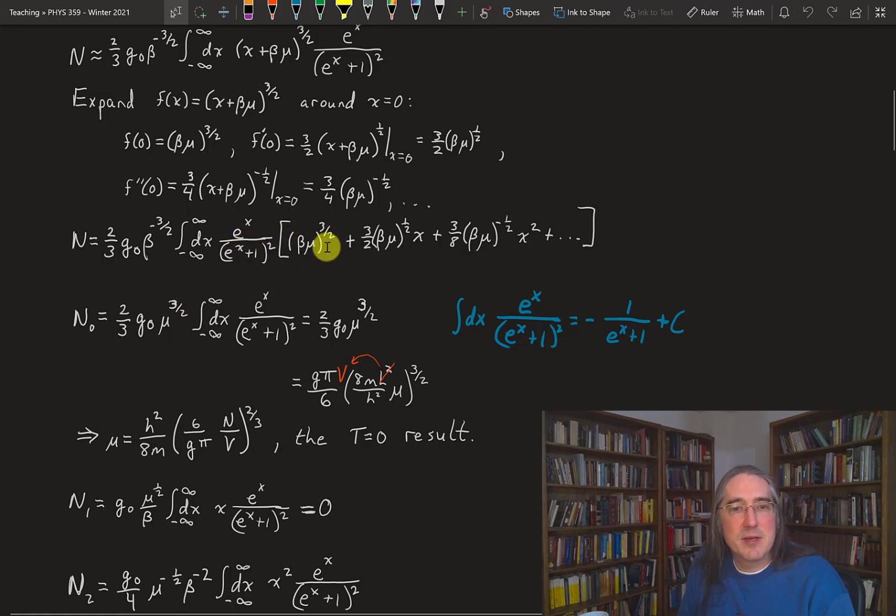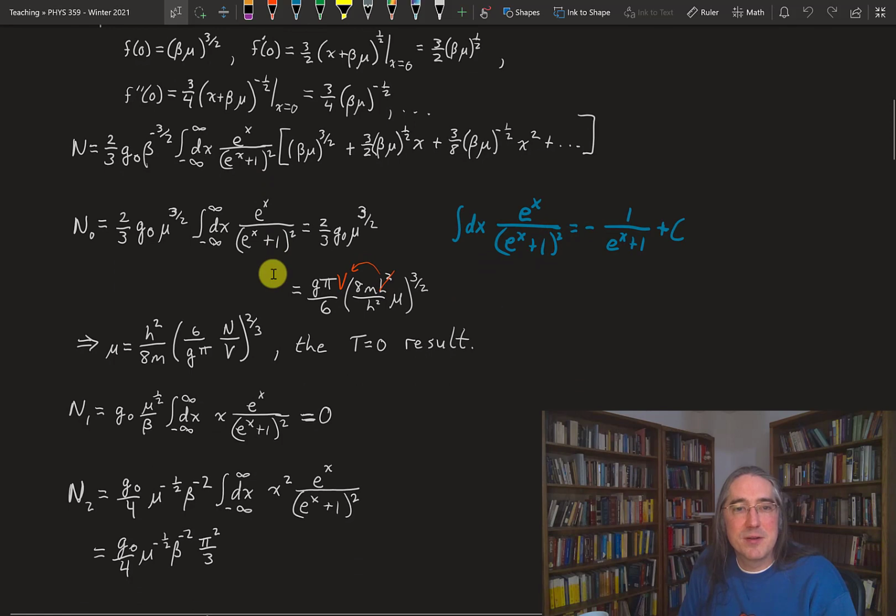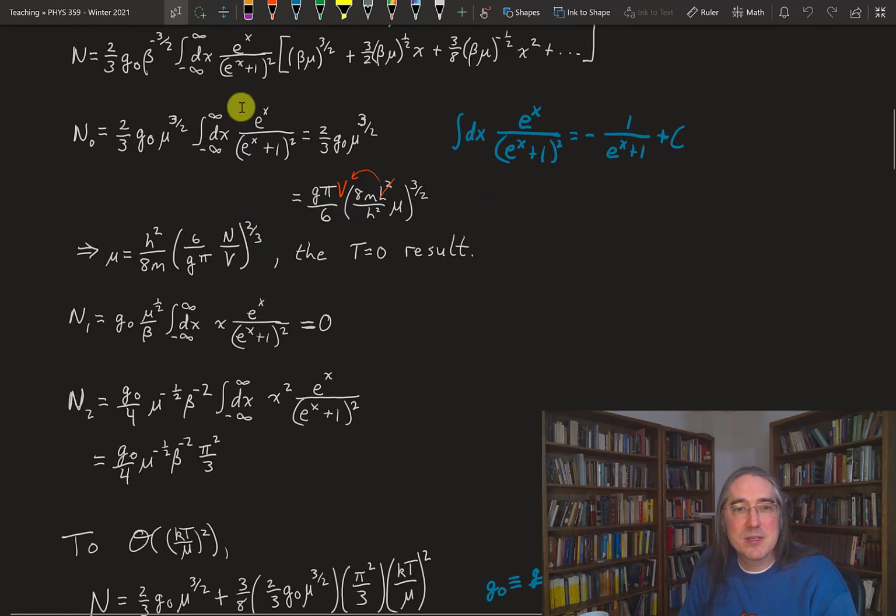And since there's no x dependence in the first term, this is just the integral of our localizing function. And if you remember, we got that function precisely by taking the derivative of the Fermi-Dirac distribution, right? This came when we did integration by parts. If you need to be reminded, here we go, right? You can take the derivative of this to verify that this is true, but we just did that to do integration by parts.